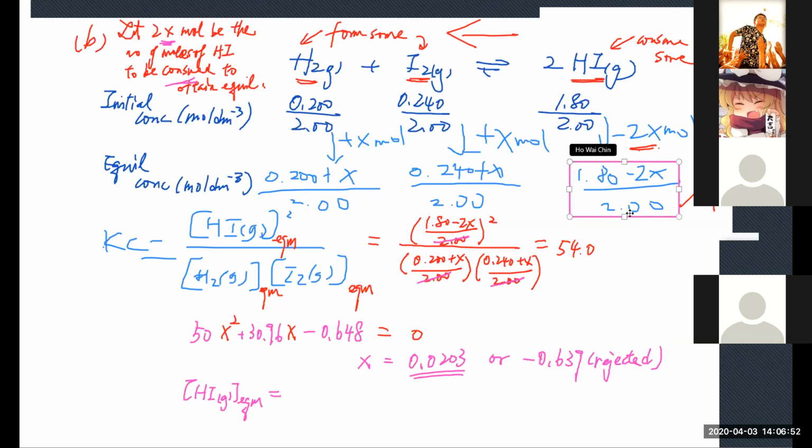Which is equal to 1.80 minus 2x, right? Substitute back the x, and you can get the answer. Yes, that's right. It is 0.880 mole per dm cube.